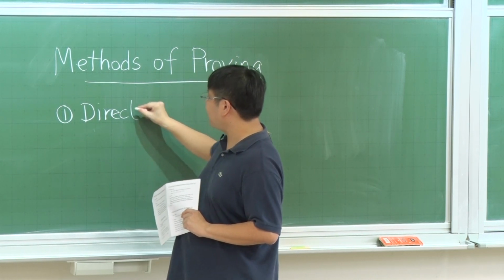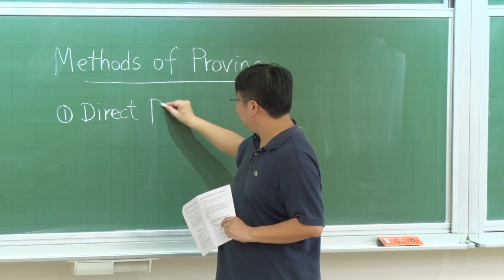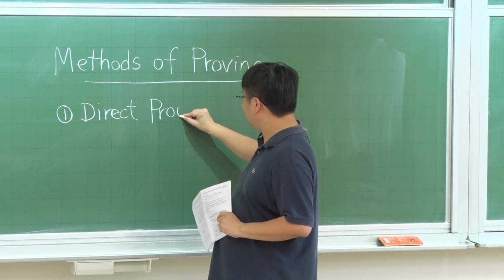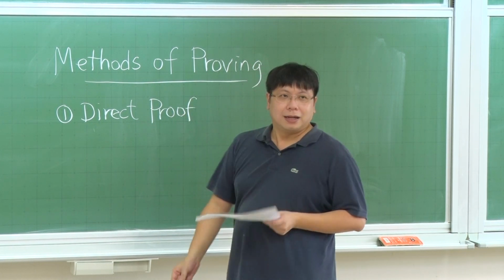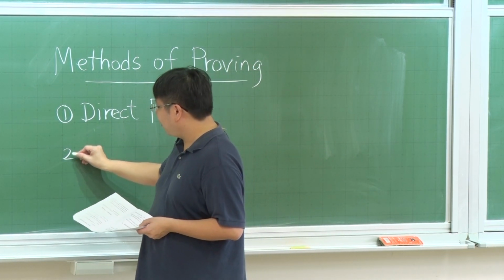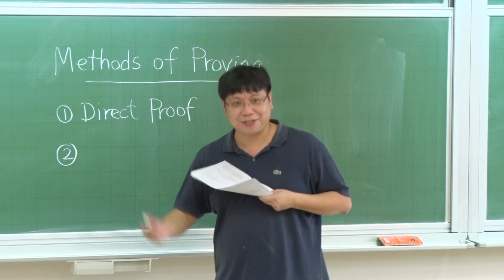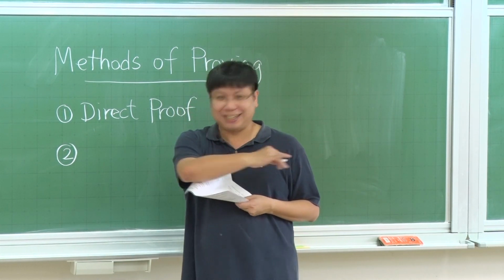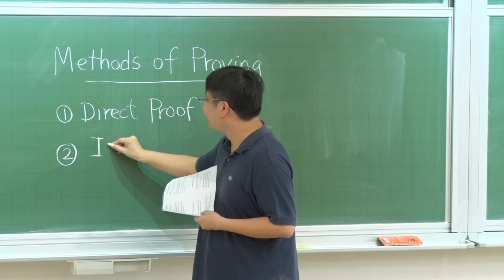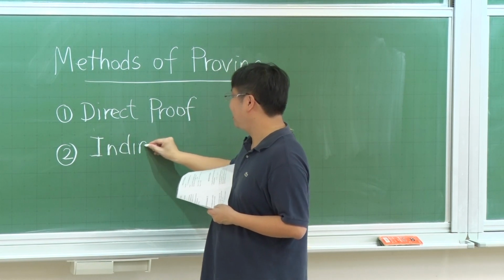So we try to prove something directly. And if there is direct proof, of course, there is going to be what? Indirect proof. Very good. So we have also indirect proof.